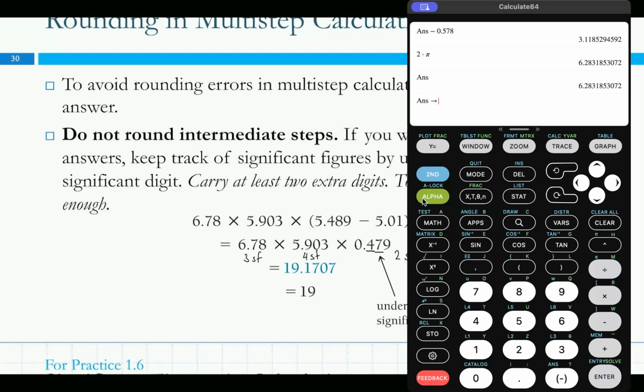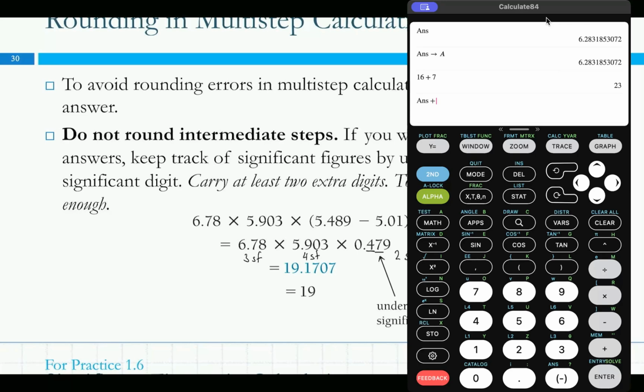So I can do store, second, or not second, sorry, alpha A, hit enter. And then I could do, I don't know, 16 plus 7. By the way, if you just hit any operator, so plus like that, it automatically grabs the previous answer and inserts it in there.